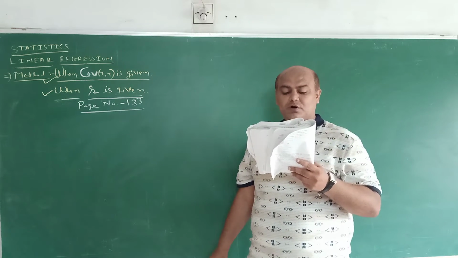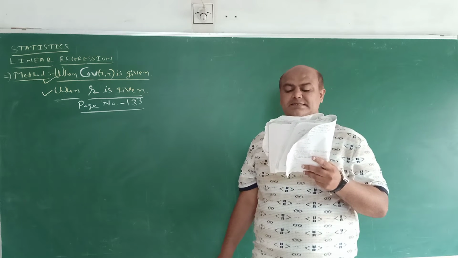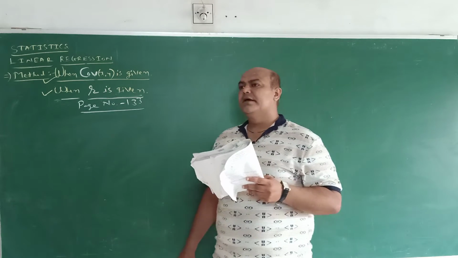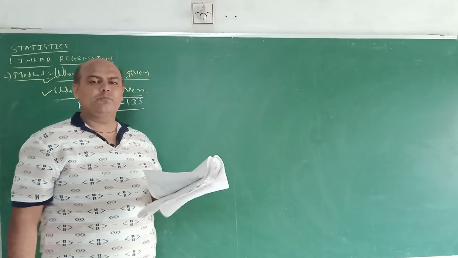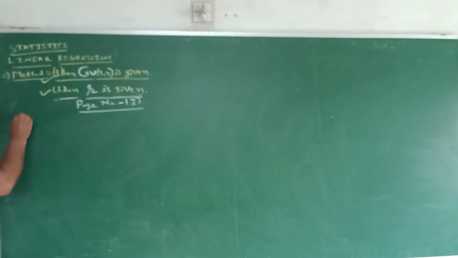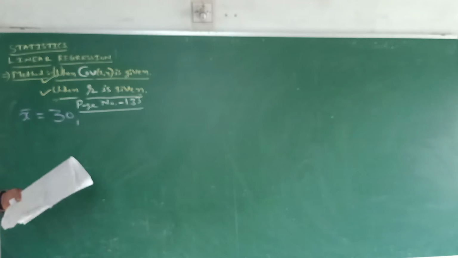They have given the average as well as the variance. Price is X, supply is Y. See, average is actually called X bar and Y bar. Average of X is 30, so X bar is 30.